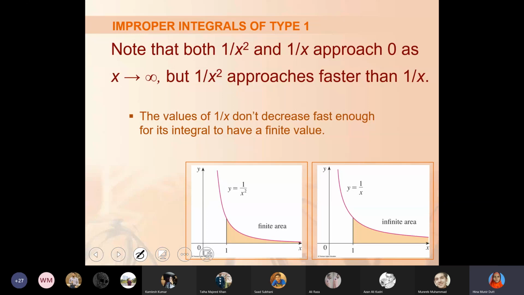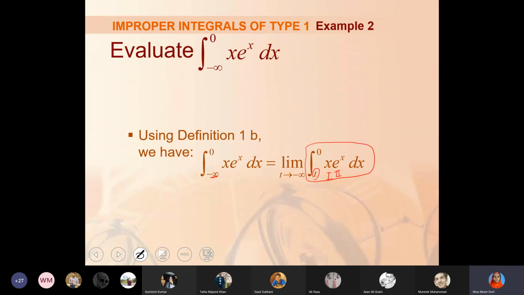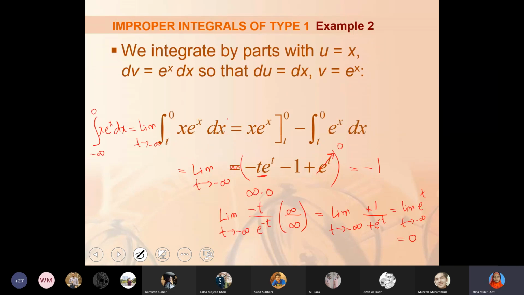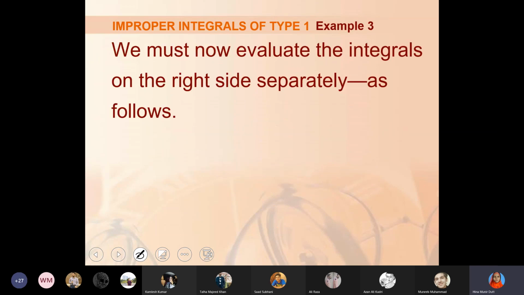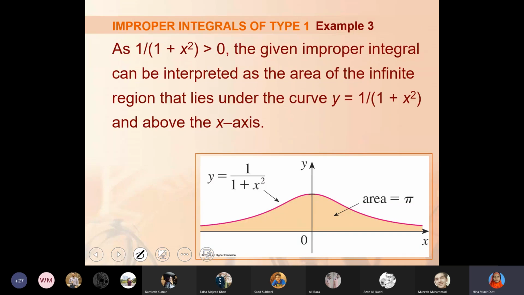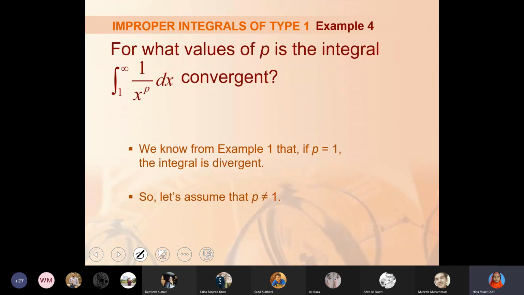How do you know that your improper integral is convergent or divergent? You will evaluate it. If you get a finite area, your improper integral is convergent, and if you get an infinite area or an infinite number as an answer, then it is divergent. Now, you have to find those values of p so that your integral becomes convergent.